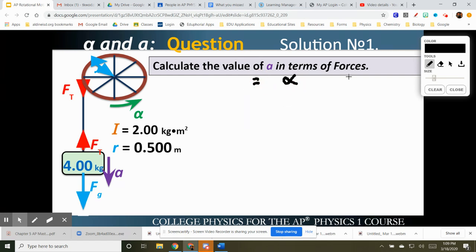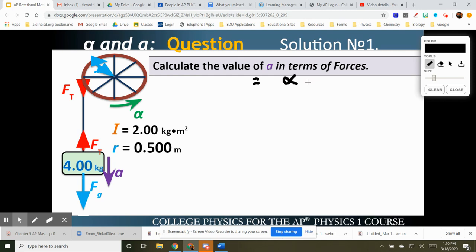Okay, so we're looking at angular acceleration first. There's a really important formula that can describe angular acceleration with a force. So we're looking for an equation that could connect the force of tension with the angular acceleration.